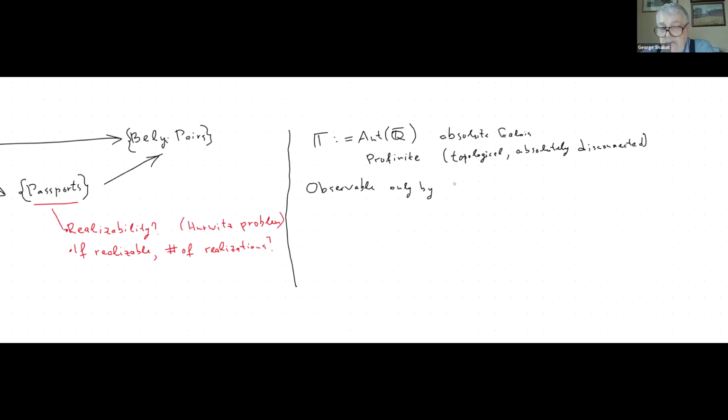Better write it in words: by finite factors. And there is a famous so-called inverse Galois problem.